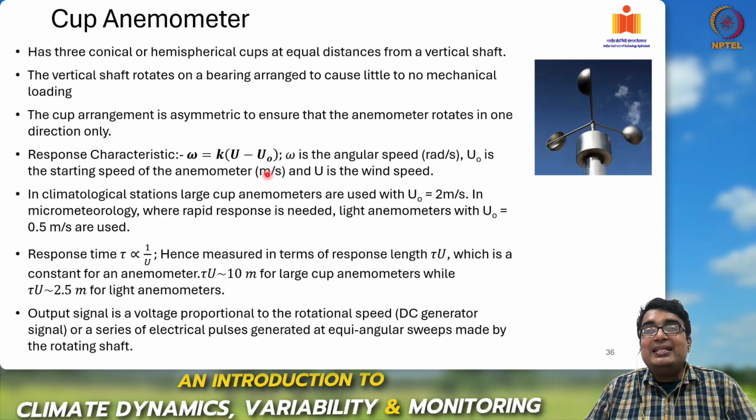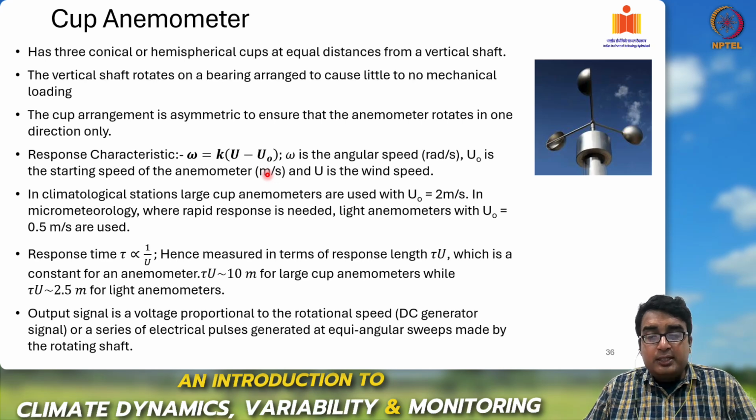So these anemometers cannot measure wind speeds which are lower than 2 meters per second. However, in micrometeorology, where rapid response is needed, light anemometers with quick response and lower starting speeds are used. These have a U0 of 0.5 meters per second.